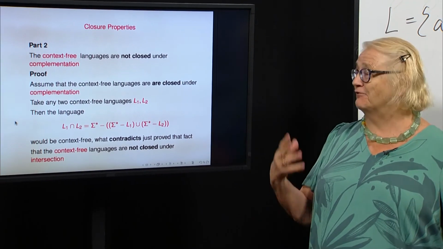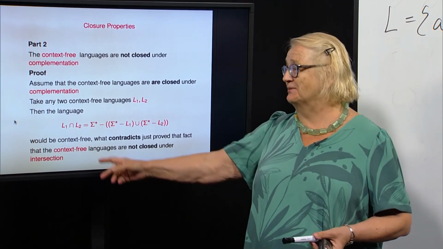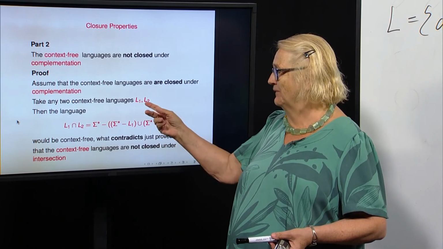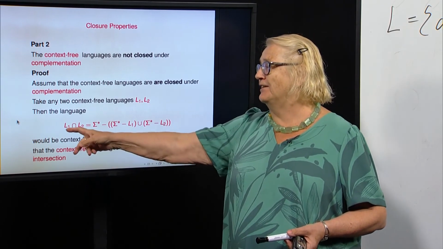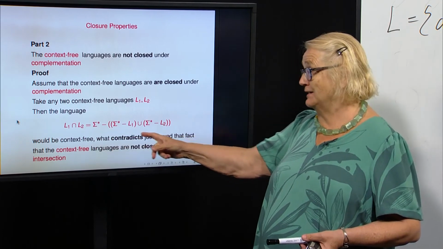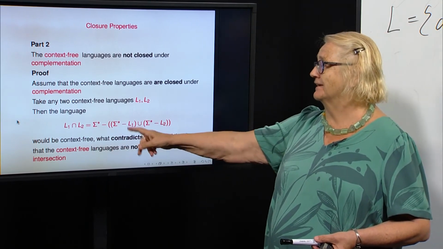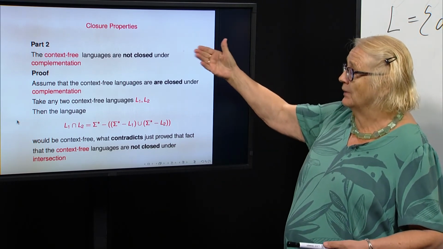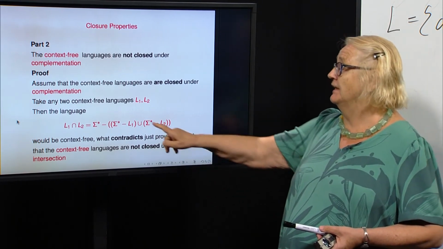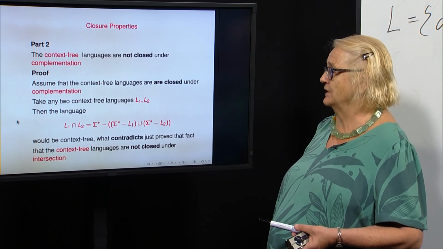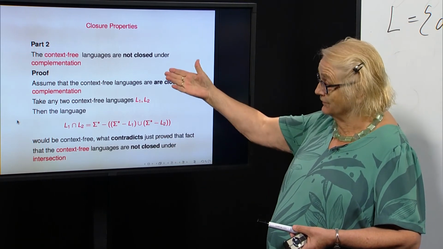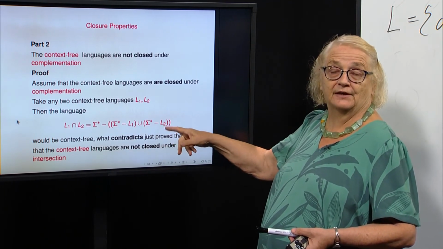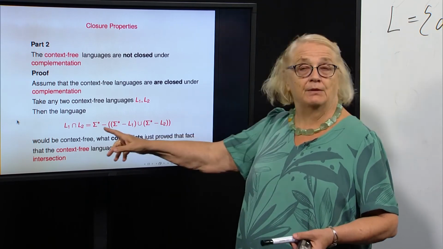It's again one of my favorite proofs. You assume two context-free languages and take the intersection, which you write by De Morgan's law as the complement of the union. If they were closed under complementation, that would be context-free, because we proved that the union of two context-free languages is context-free.